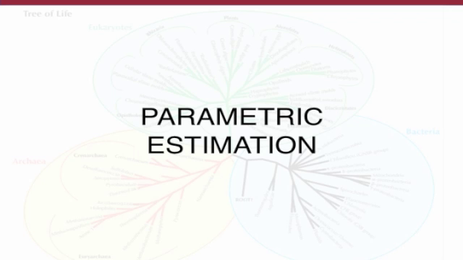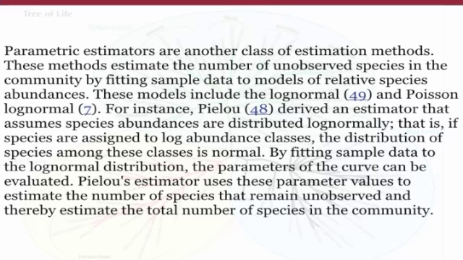So parametric estimators versus non-parametric, the difference between them is parametric estimators try and use a parameter about the community, a model basically, as part of their way of estimating the diversity. And the non-parametrics basically try to avoid using some specific parameter or model, although there's gray areas between both of them.